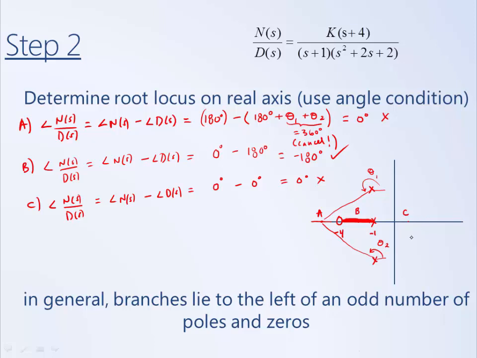And region C is to the left of no poles or zeros, so it's to the left of 0 elements, and 0 is an even number. So again, we have no root locus in this region. This is a nice little shortcut if you don't want to go through applying the angle condition for every region.